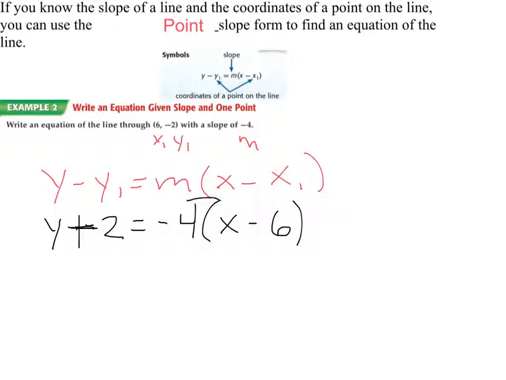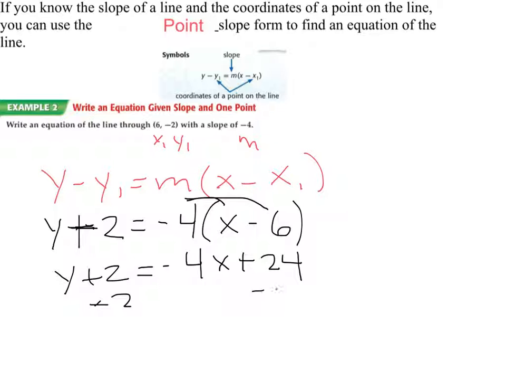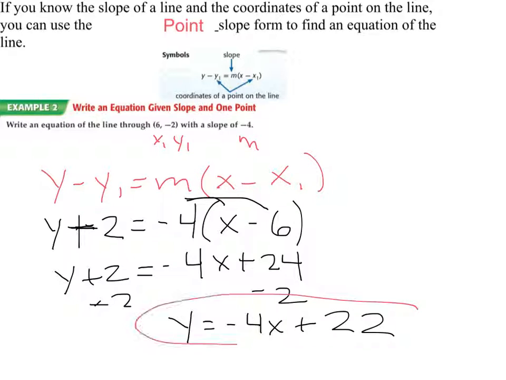And then we're going to need to distribute the -4. So we're going to end up with y plus 2 equals -4x plus 24. Then I want to get the y by itself, so I'm going to subtract 2 from both sides. And I'm going to end up with y equals -4x plus 22 as my final answer.